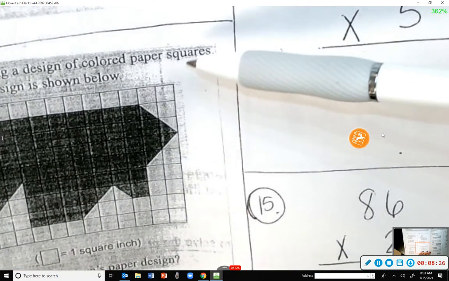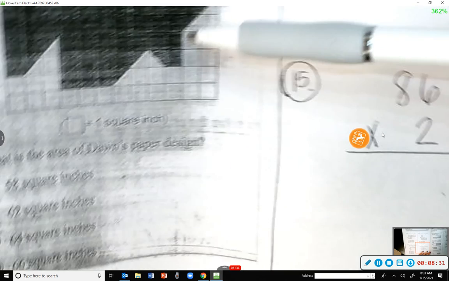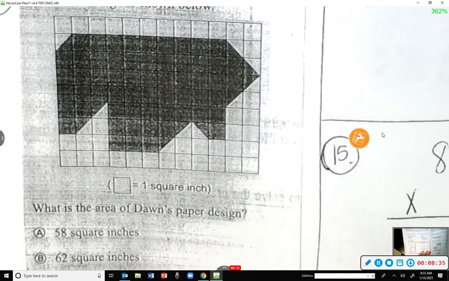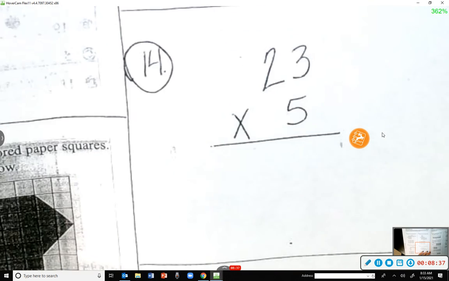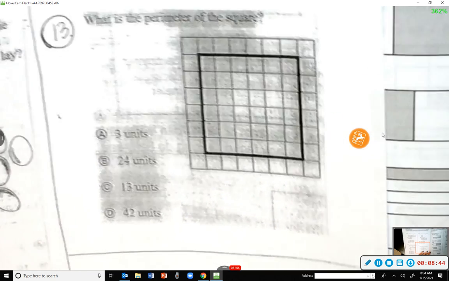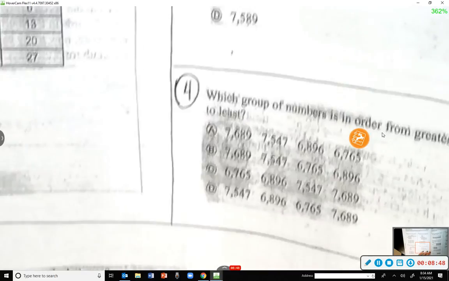Oh, you got another one. This is area. So what would you do to find the area of this? Count the squares on the inside. Good. This one's perimeter, so you're going to count the squares on the outside. Good. Okay.